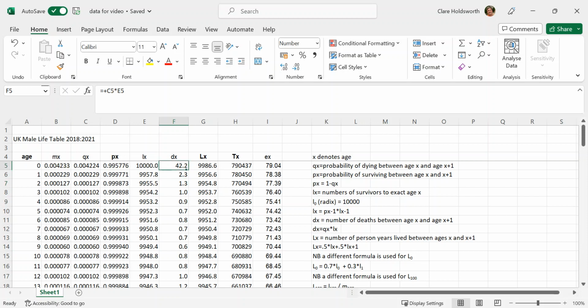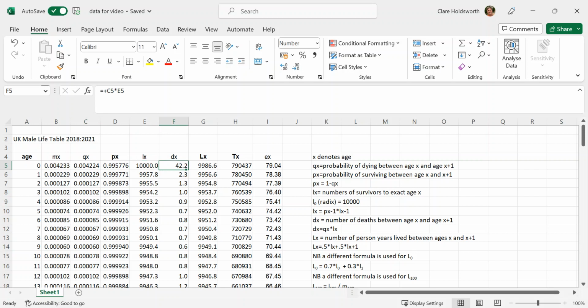And we can calculate the DX very simply, this time by multiplying the probability of dying during that year by the number of people alive at the beginning of the year. So that DX is calculated by multiplying C5, the probability of dying during the year, by the number of people alive at the beginning of the year.